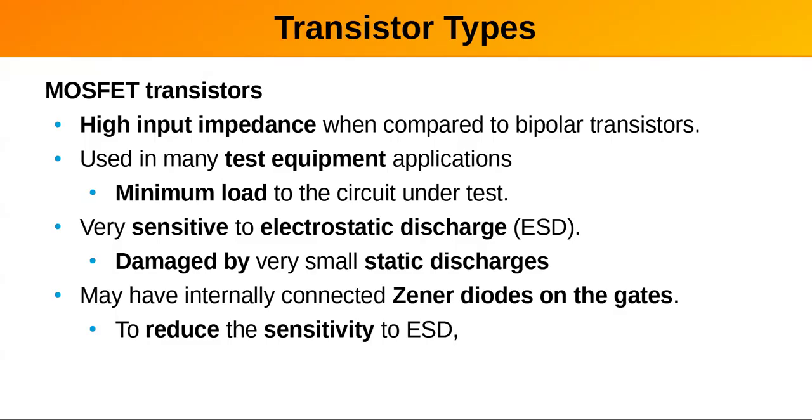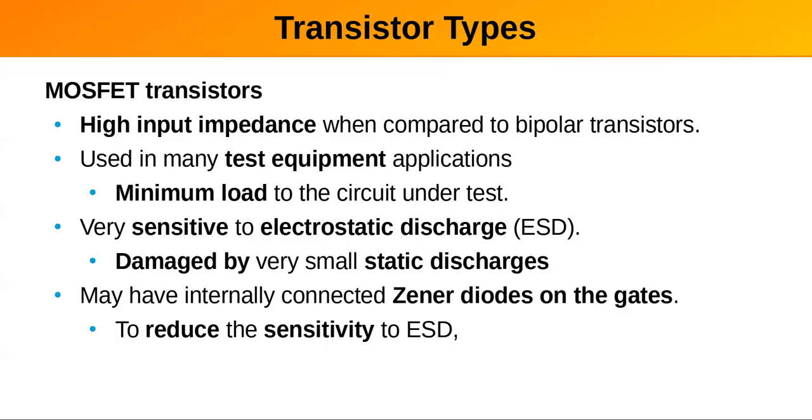You see these in test equipment, like front ends on voltmeters, because you want a very high input impedance. You don't want to load the circuit. You see them in oscilloscope vertical amplifiers. Because of that, they're very sensitive to electrostatic discharge, because they can be megohms.